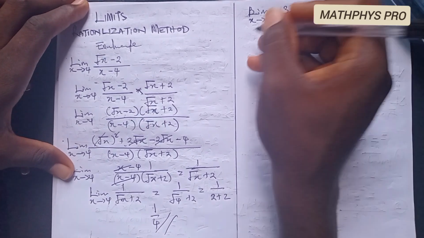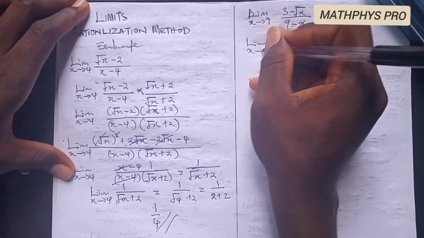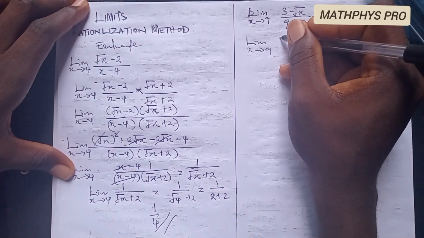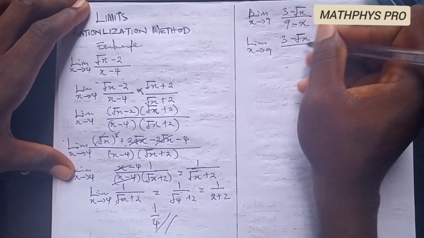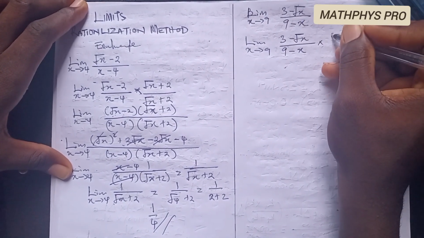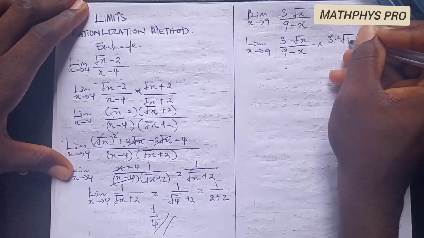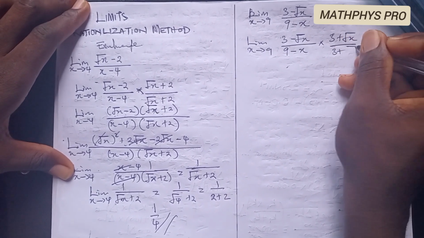So for it to be determinate, you use the rationalization method. We say the limit as x approaches 9 of (3 minus root x) over (9 minus x), and we'll look for the conjugate, which is (3 plus root x) over (3 plus root x).